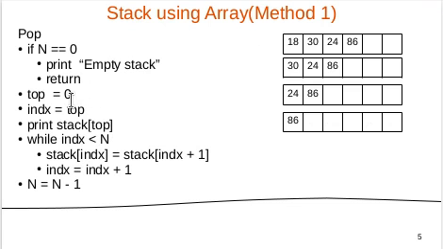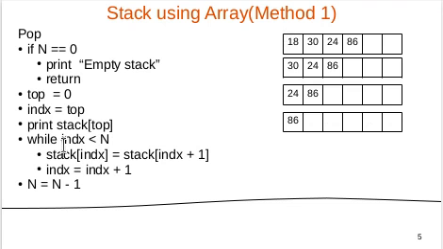Otherwise, top equals 0, index equals top, that means index equals 0. Print stack top. So we have to print this portion, or we can store it in a variable, whatever we want to do. Now we print this stack of top, so this item will be deleted.